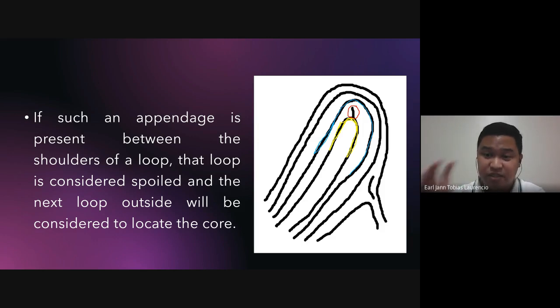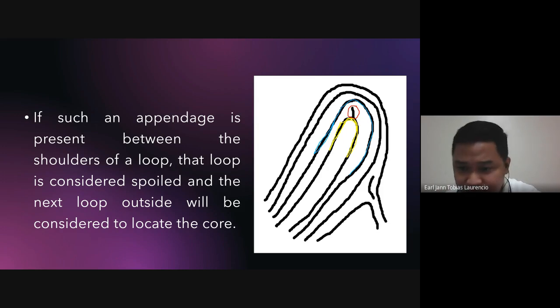Now, because that is a loop, we will go back to the first rule. According to the first rule, a loop pattern or a sufficient recurve will be treated as if they are separated. So we will imagine that the loop that we colored with blue is not connected. The rule states that we will choose the ridge that is far from the delta.